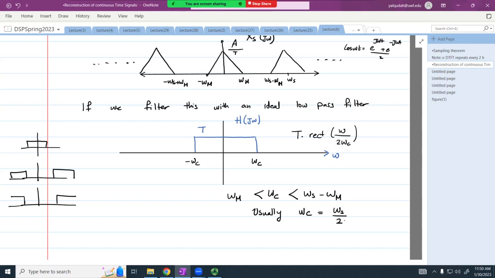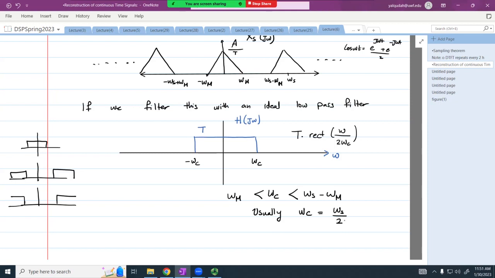And the farther this replica is, the more freedom I have in choosing the filter. If this is much farther up, then any filter with a cutoff from here all the way to wherever this starts will give me back my original signal. That is a good thing, because then any such filter will give me back my original signal. What is the expense of that? What is the cost of that?